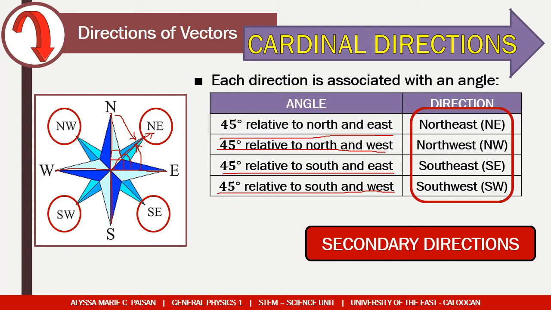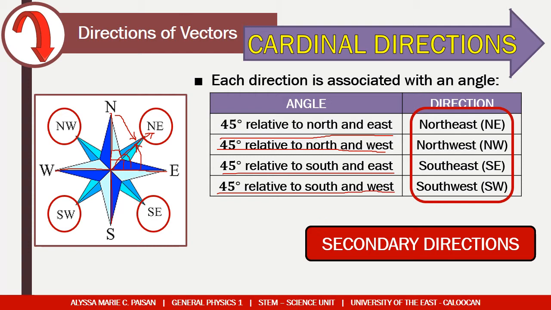When we say relative to north, if you use the protractor, your zero must be starting from the north, and then you measure from the north towards the specific vector. Ayan, if it's northeast, the direction is supposed to be 45. And of course, if that's 45 and this is 90, wala nang tanong-tanong, wala nang measure-measure.